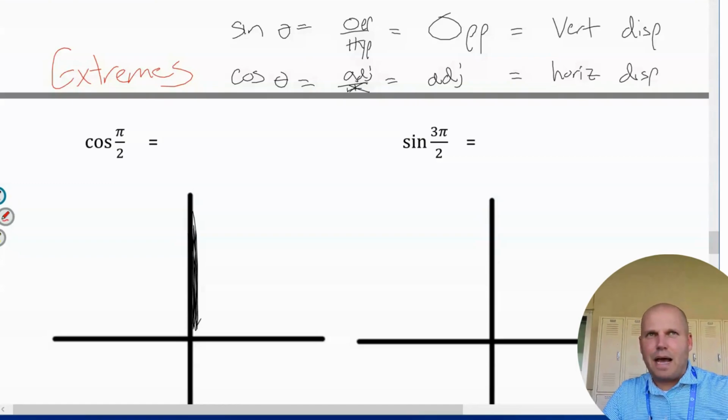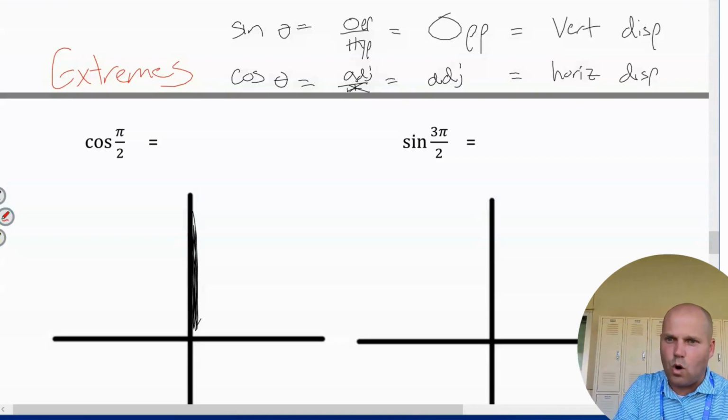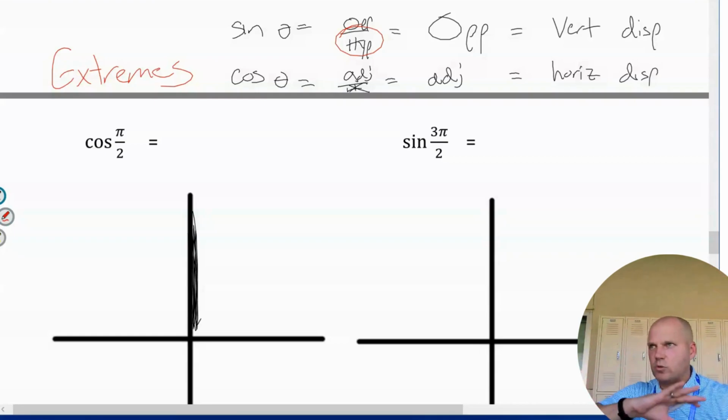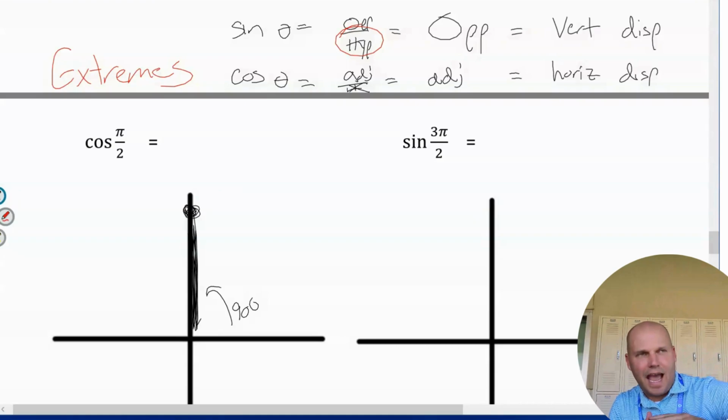Now, thinking about this being the unit circle where the hypotenuse is always 1, we are going in the direction, but only a distance of 1 away, because we are inside this circle of radius 1. So, pi over 2, we know as being like a 90-degree reference angle. Well, we end up 1 away, coming out of the origin. We get to that unit circle 1 away. How far did we travel?